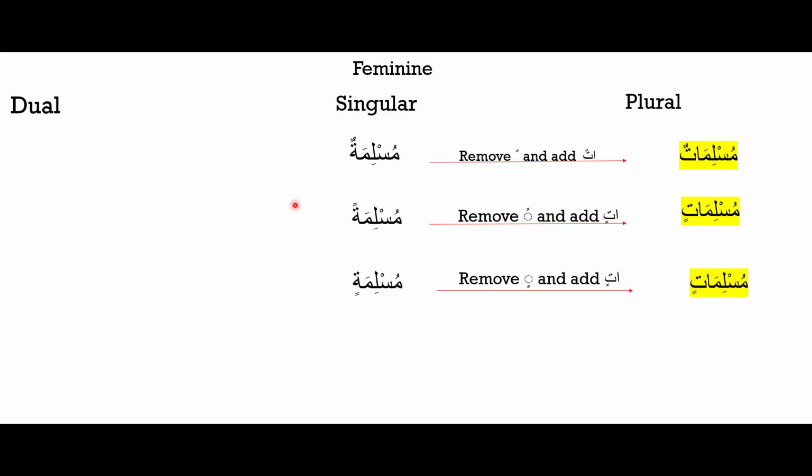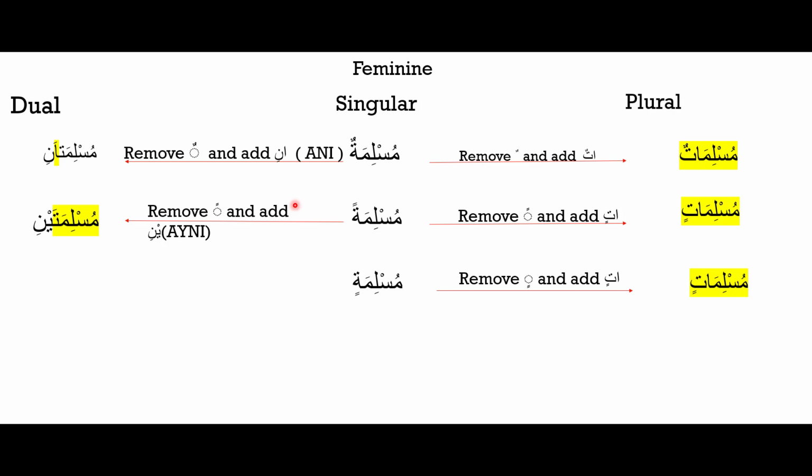I have written the duals here just for comparison purposes. We have the same ending letters as we have for the masculine dual, if you remember, ayn and ayn, but we have to retain the ta here. So we retain the ta, muslimataini, and this is how we will distinguish this from the masculine dual.